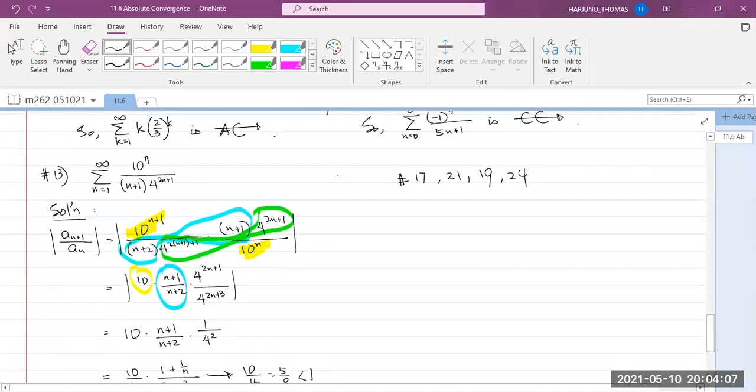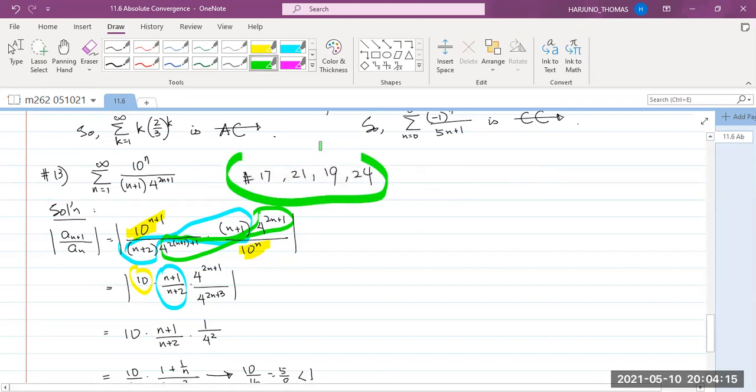Number 17. Let me move that somewhere to the middle here. That's what I need to do later on. Number 17: the series from 2 to infinity of -1 to the n over natural log of n.